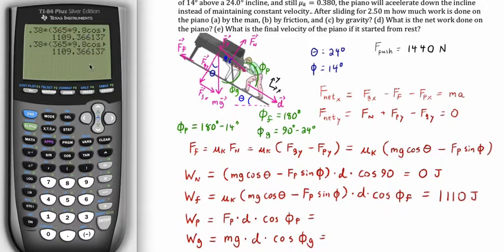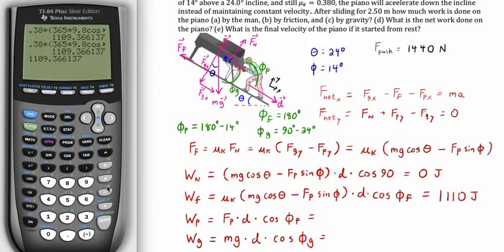All right, so let's do the same thing for the simpler work calculations. That would be the work of pushing and the work of gravity. So for pushing, we'll start with that 1440 again, and then we're just going to multiply by, oh, I did leave off the displacement on the last one. Yep, I knew something was missing. So let's go ahead and clear this real fast, and I want to take this value and multiply it by 2.5, because I left off that 2.5 meters for the actual displacement.